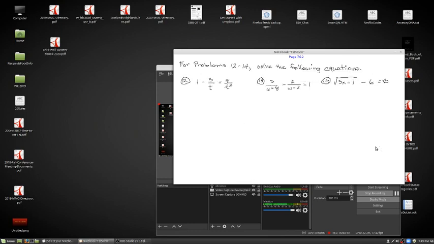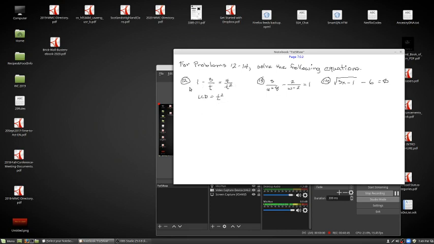All right then. The next three problems is where we're solving equations. In 12 and 13, we will be getting rid of the denominators. Okay, our least common denominator here is t squared.